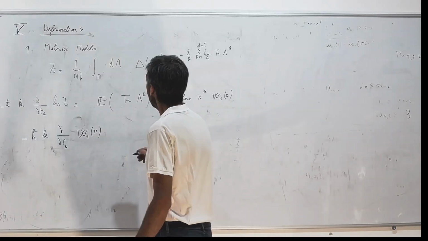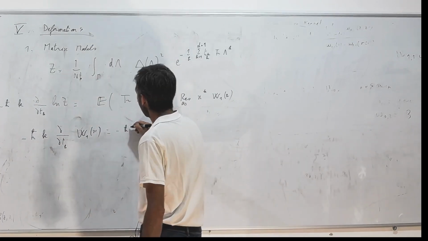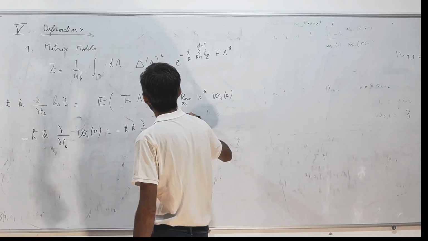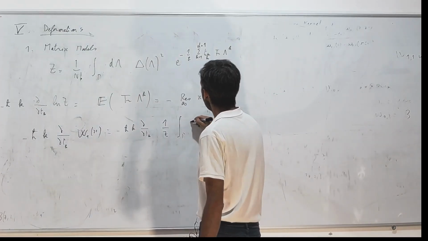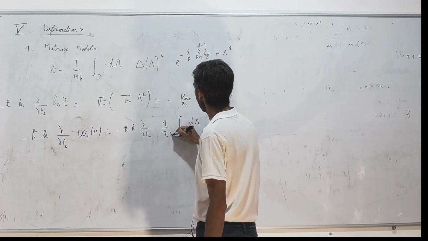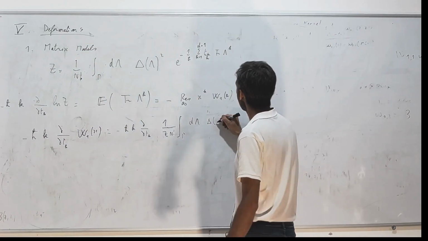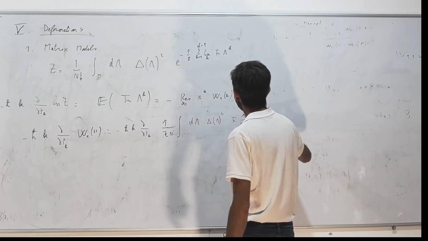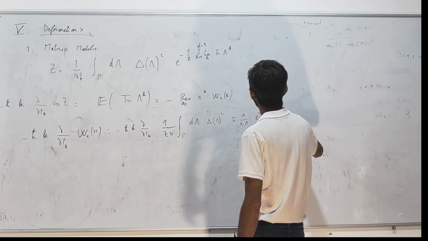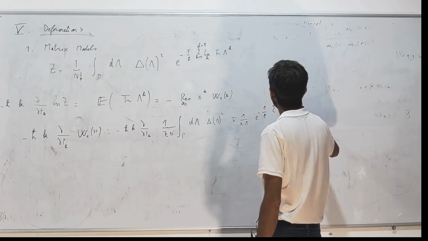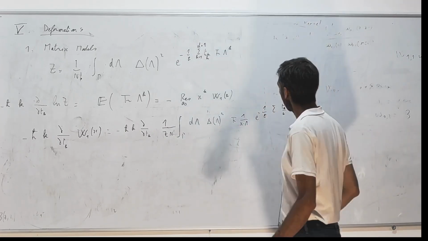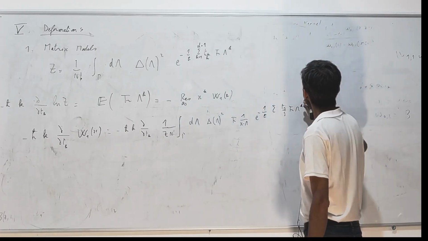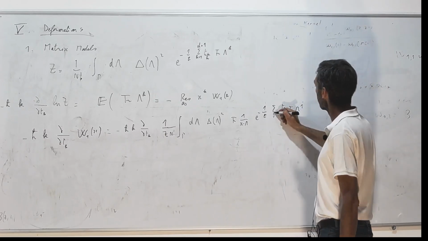So this is minus h bar k d over dt k of 1 over z times the integral over gamma of d lambda, 1 over n factorial, d lambda delta of lambda squared. So here we have a trace of 1 over x minus lambda, exponential of minus 1 over h bar, sum over j of tj over j, trace of lambda j, because k is fixed.